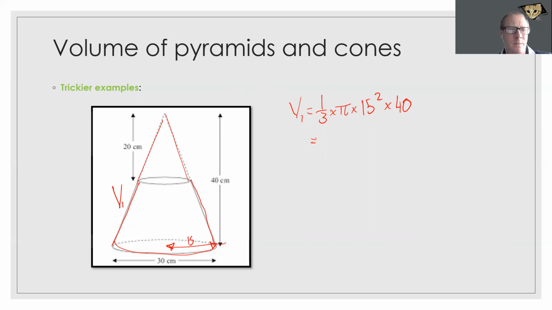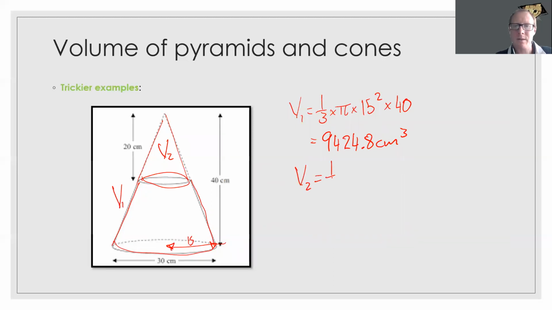Okay, put that one in our calculator. We get 9,424.8. That's the big cone. Now, if we want to get rid of the top part, we need to figure out the volume of this little one here. Okay?